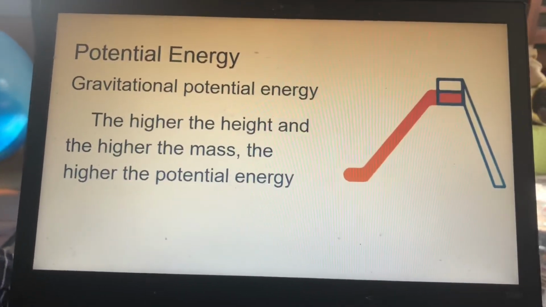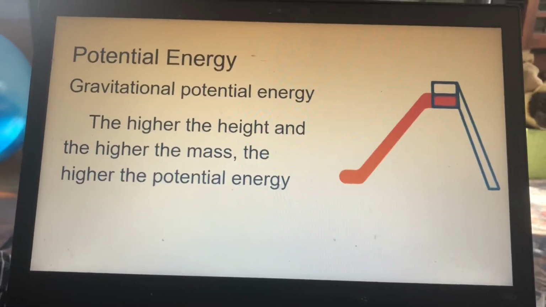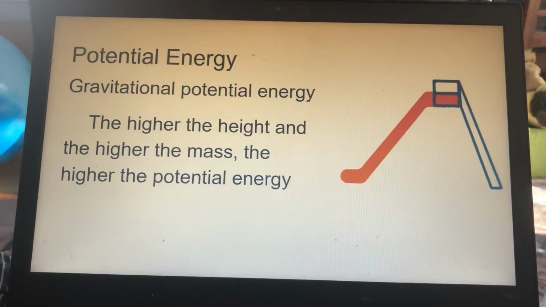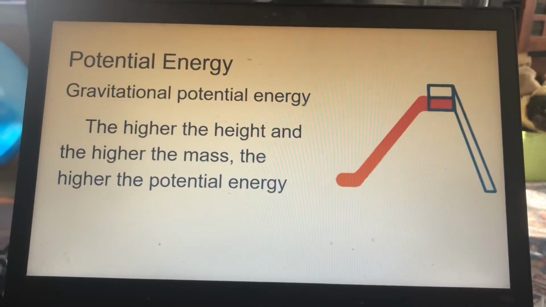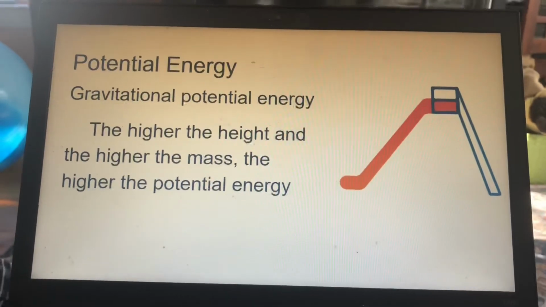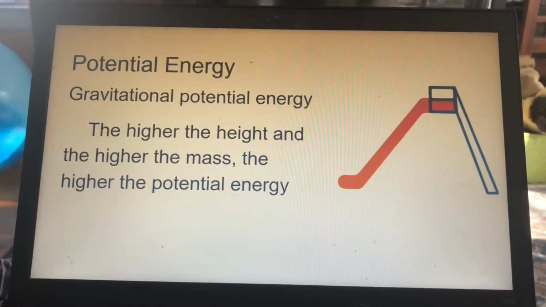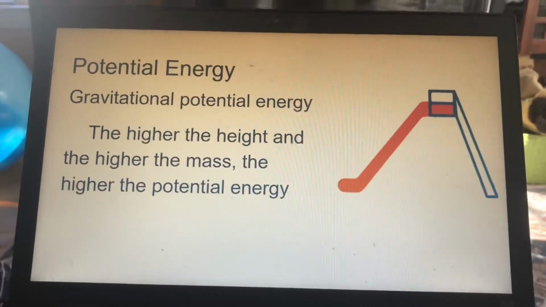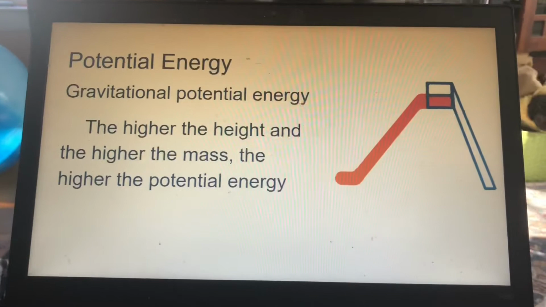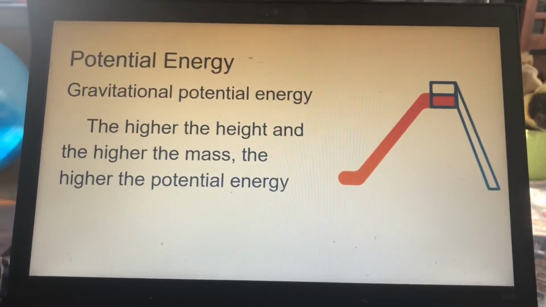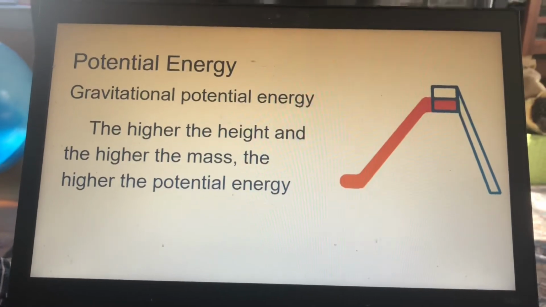So something to think about is gravitational potential energy. This is the amount of energy something has when it's up high. So think about a little kid on the slide, or skateboarder dude. He was right on the top of that slope in the skateboard park. He had the potential energy because he was up high and he could be sliding down and turning that into kinetic energy.